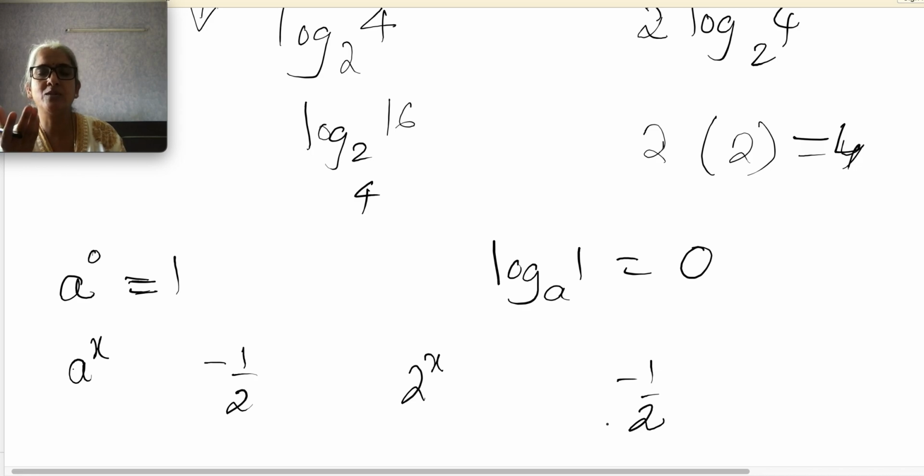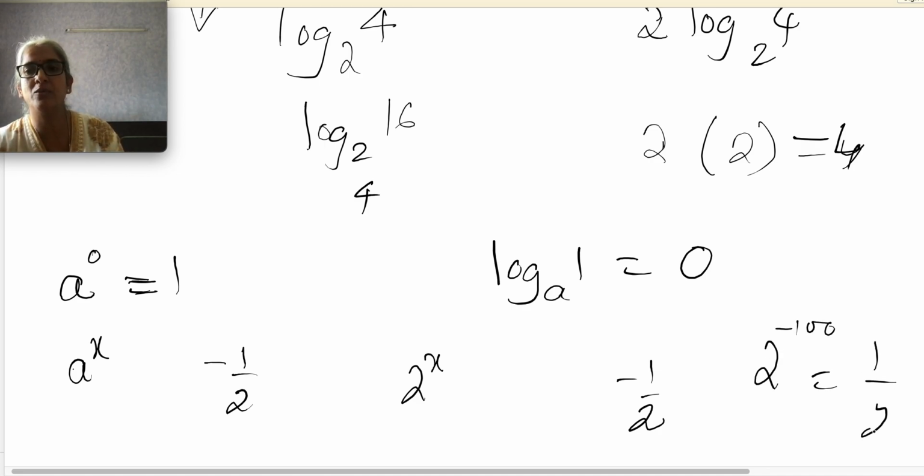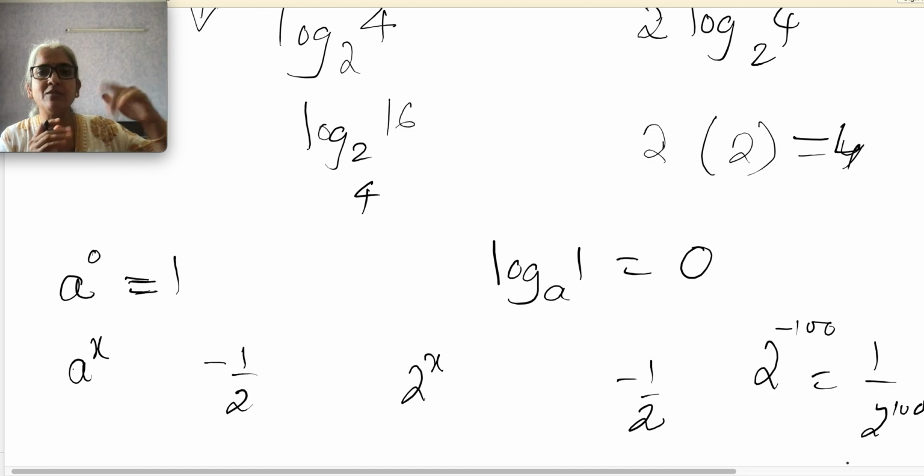Well, 2 raised to 0 is 1, 2 raised to minus 1 is half, and even if I raise it to minus 100, it is 1 upon 2 raised to 100. It's becoming a very small number, but it is not even becoming 0 ever. Forget going to a negative value. So that means all exponents are essentially staying only in the positive region.